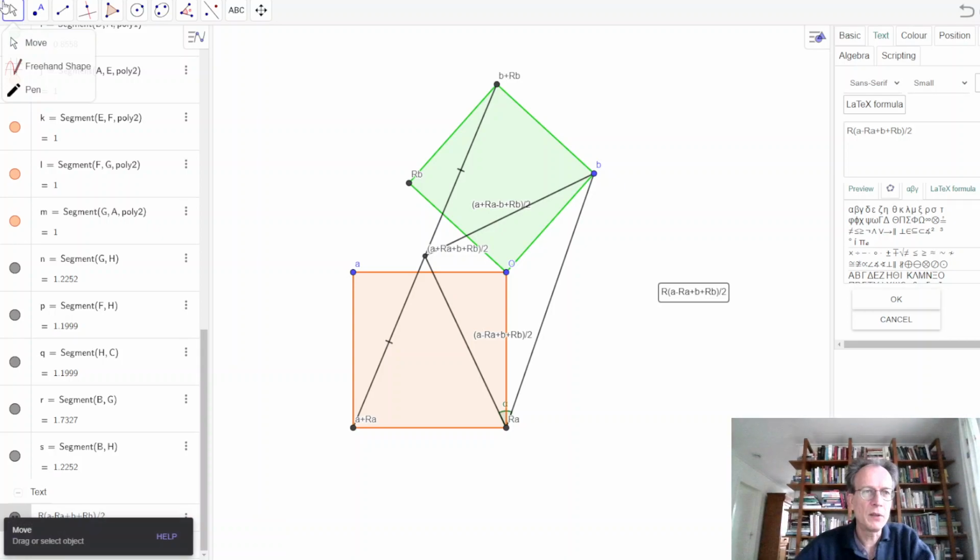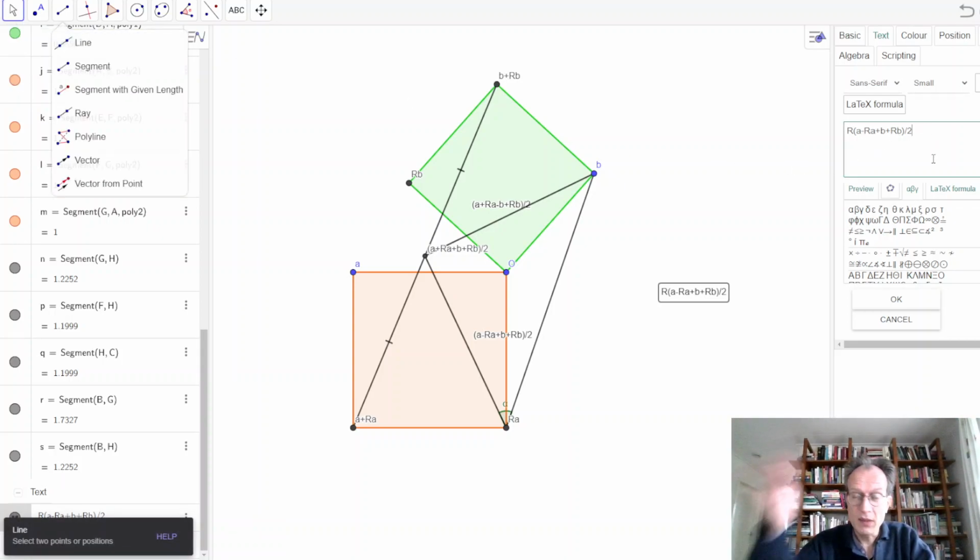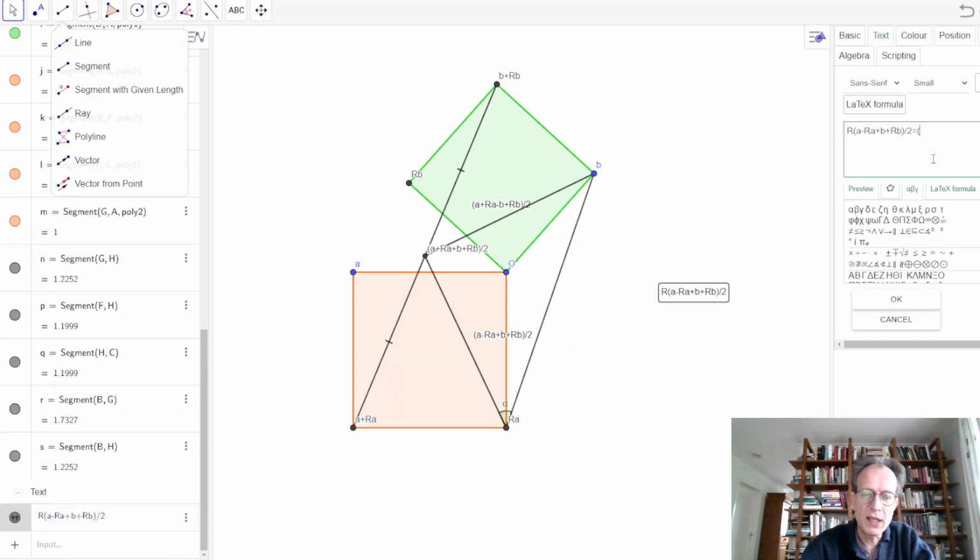And what comes out, well, I can factor out the angle, so we have that it is R, the half comes out, but it is RA minus R squared, so basically a rotation anti-clockwise over 180 degrees, but let's for the time being call it this, plus RB plus R squared again of B, and then divided by 2.